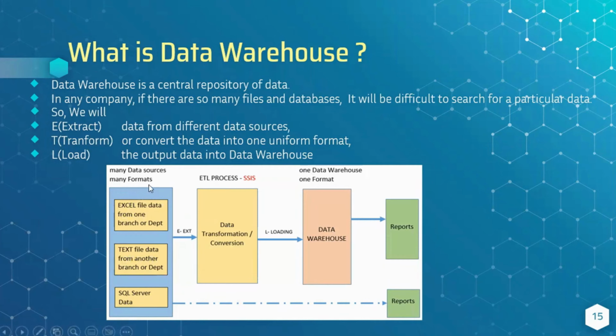We will extract data from all the sources and transform or convert the data into one uniform format, and load the output into data warehouse. Once data warehouse is ready, any branch related data or any year related data, you can easily access from data warehouse using any internet browser.